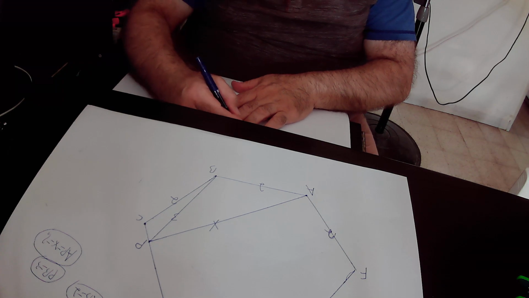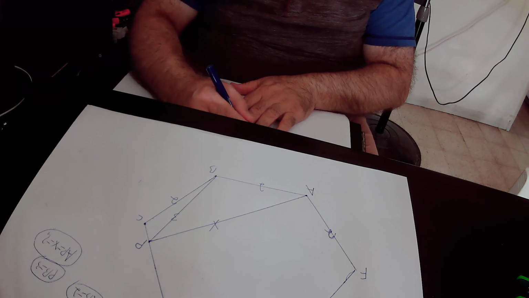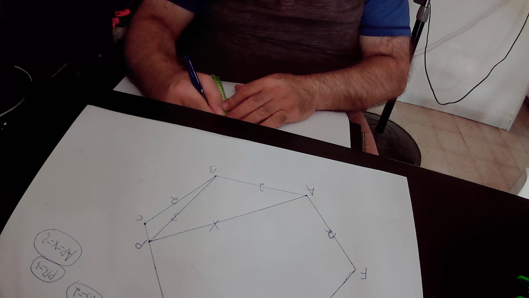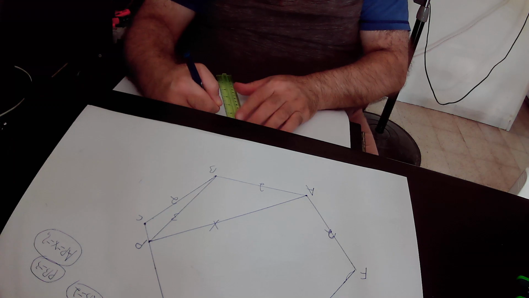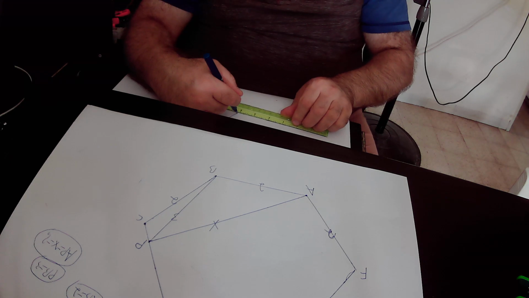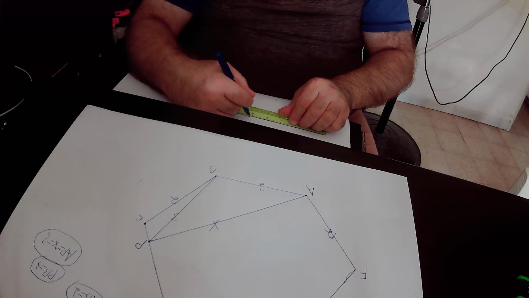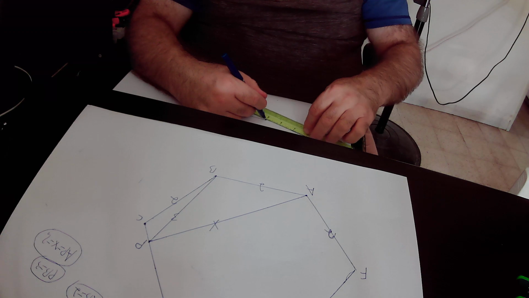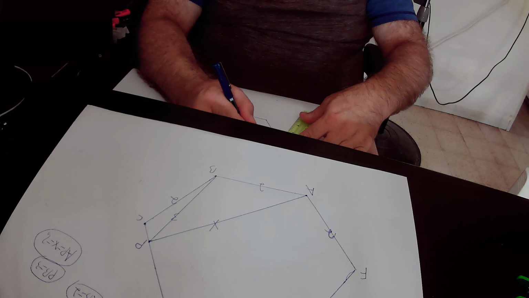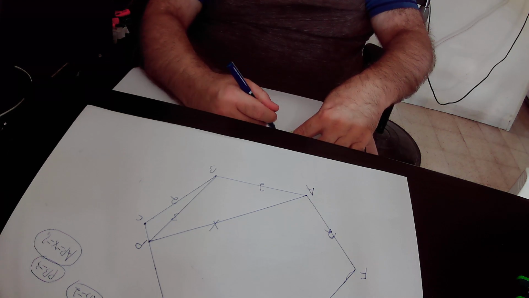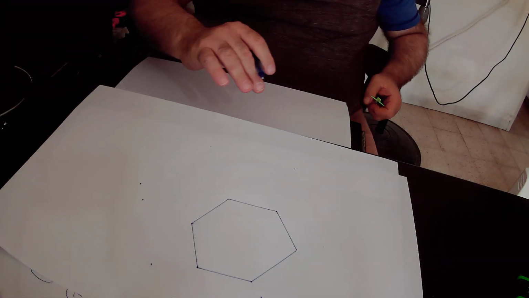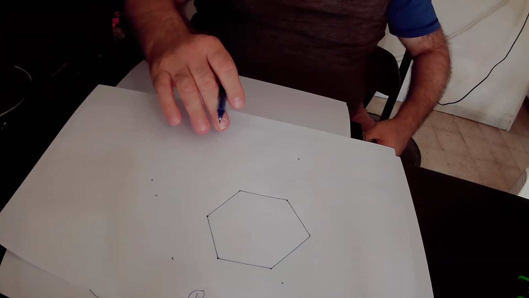So here we have a regular hexagon. So this is a regular hexagon.